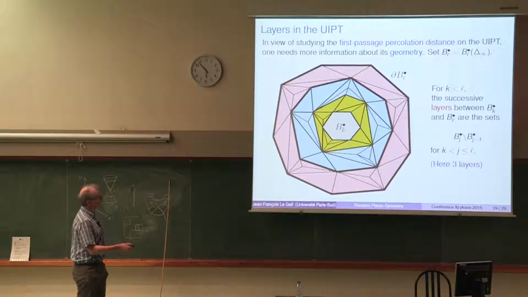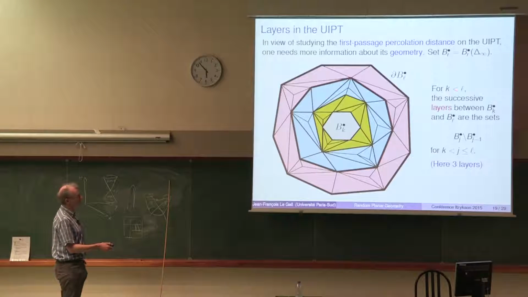And here what I do, I fix two values k smaller than L, and I'm going to look at layers between the boundary of the hull of radius k and the boundary of the hull of radius L. Okay, so essentially my figure here, this object here, is just the hull of radius k, and the exterior boundary here is the boundary of the big hull of radius L. Okay?